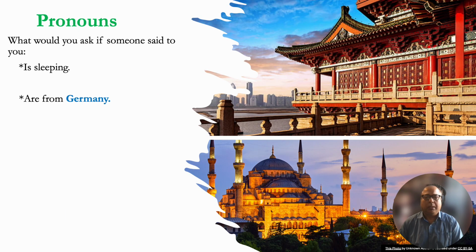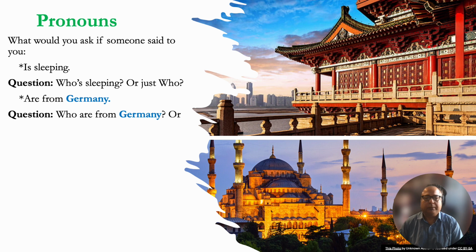Okay. So imagine having a conversation with somebody and you said, "is sleeping." The listener will say, "who is sleeping?" Then you say, "are from Germany." Do you think that's enough information for the listener? Or if you wrote that way, the reader is going to wonder who are from Germany?